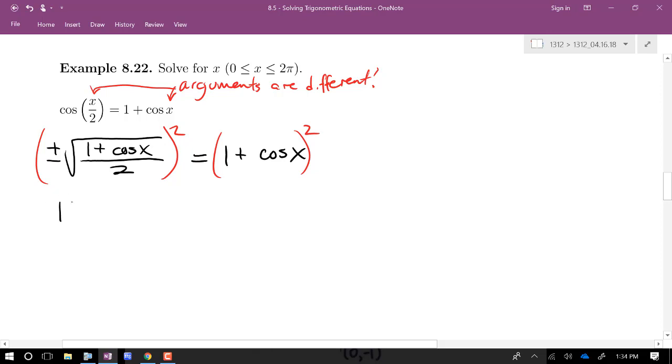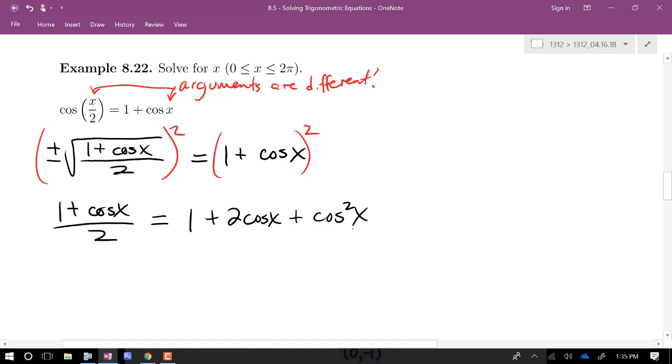But on the left side, we have 1 plus cosine x over 2 equals, what do we get on the right side? 1 plus 2 cosine x plus cosine squared x.